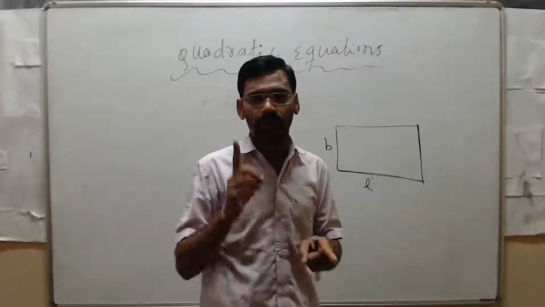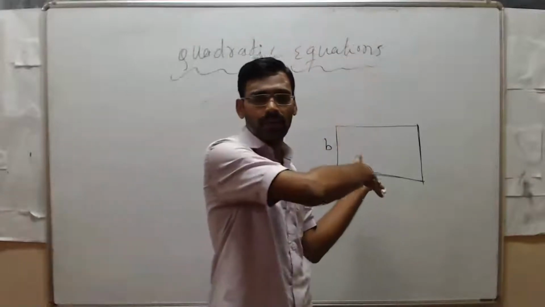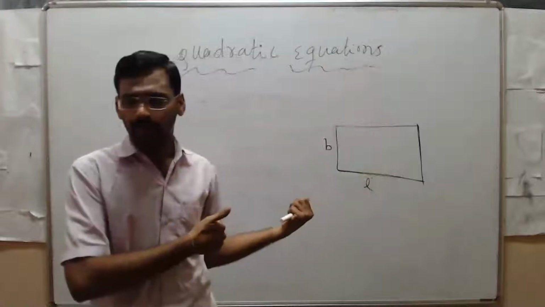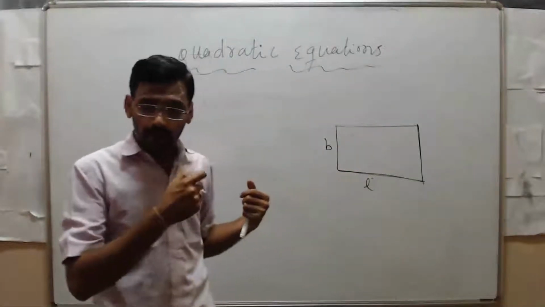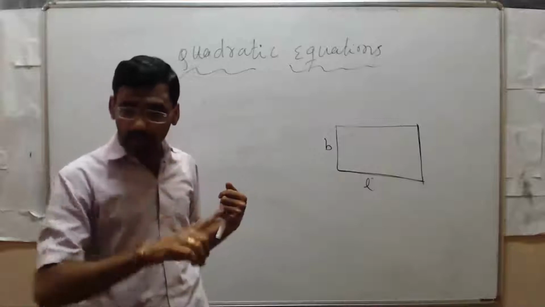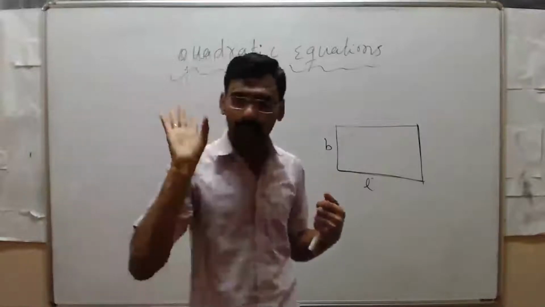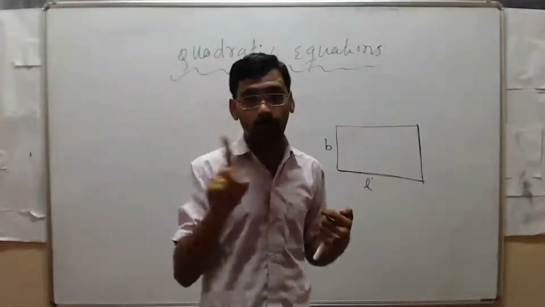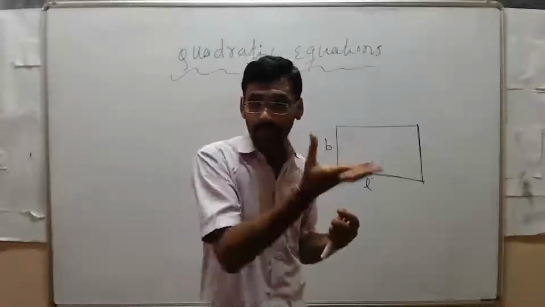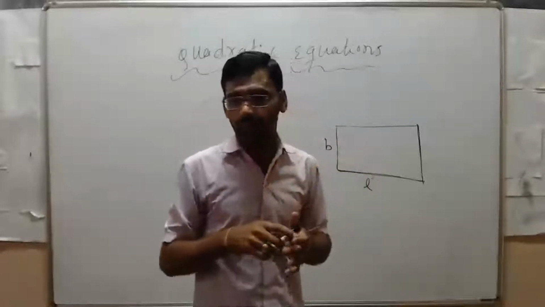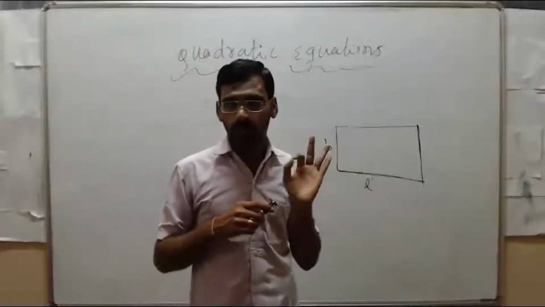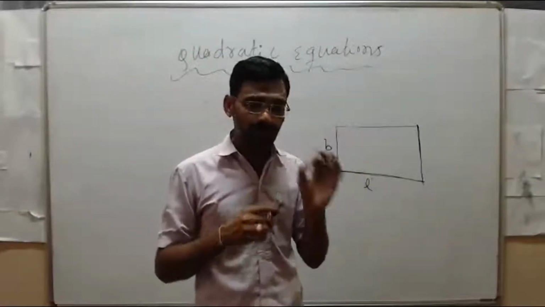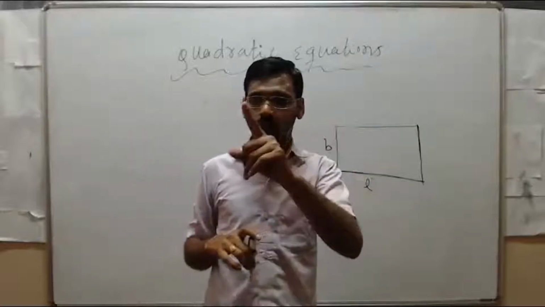We have to convert the entire situation into only one variable, not two variables, because in ax square plus bx plus c the variable x is there.